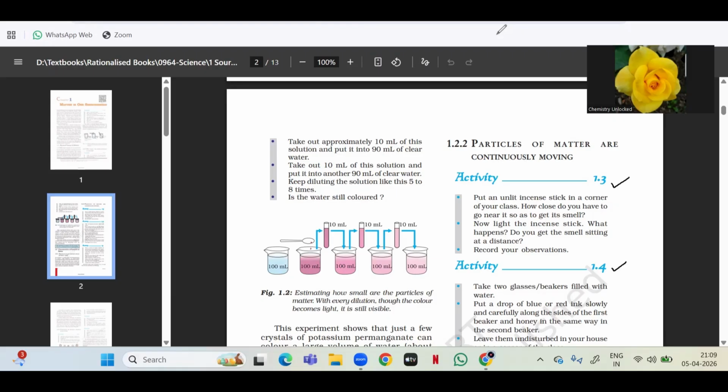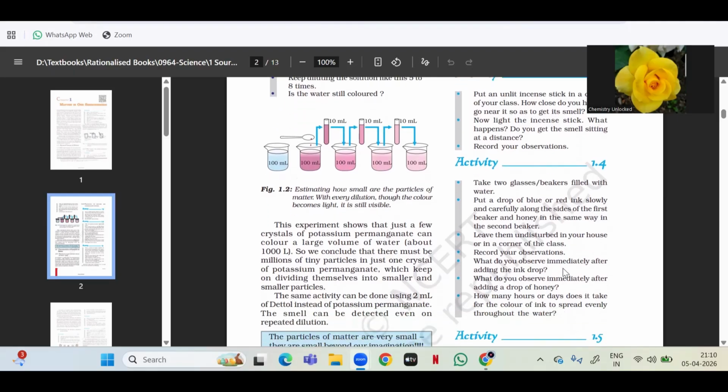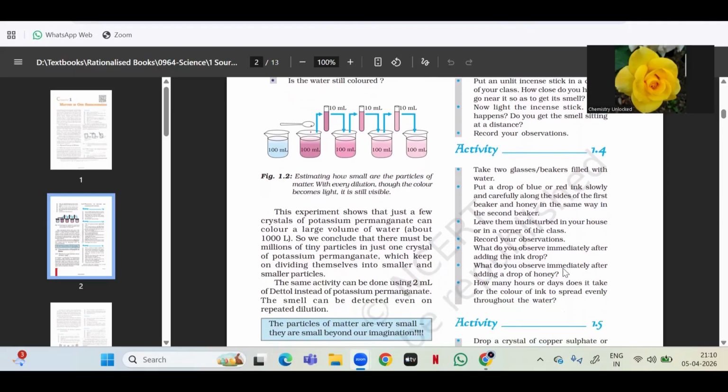Here we will find out what happens to this movement with temperature. So let's see what is proved in activity 1.4. Take two glasses or beakers filled with water.